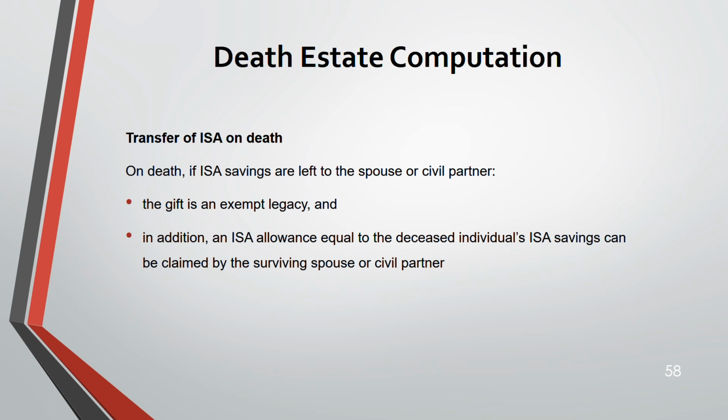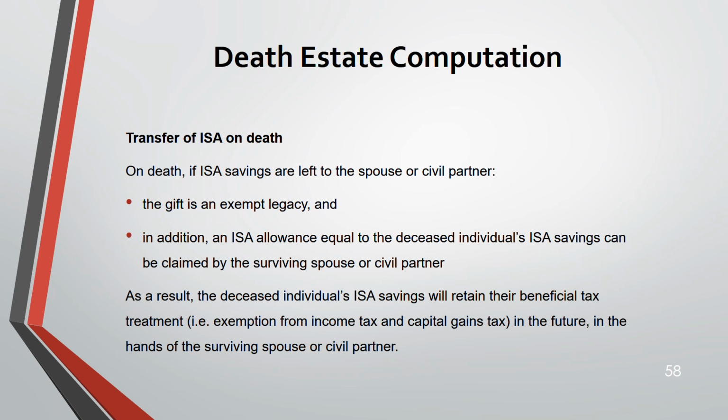In addition to your ISA, you can take your deceased spouse's ISA allowance also. It could be transferred. As a result, the deceased individual's ISA savings will retain their beneficial tax treatment. How? Whatever the deceased individual has, their ISA savings will get the tax benefit. It will be exempt from income tax and CGT.